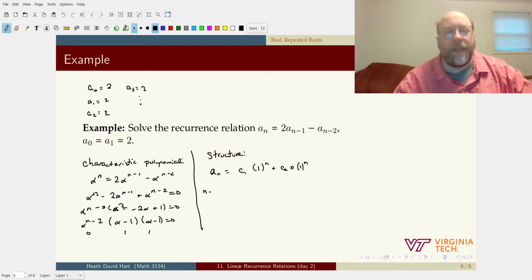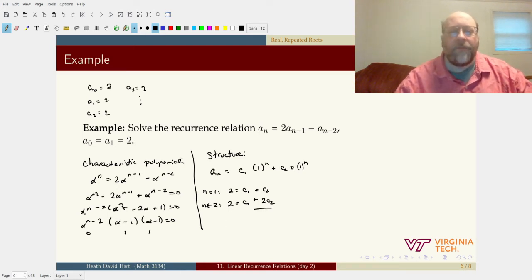If we try the n equals 1 case, then we get 2 is equal to c1 times 1 to the 1 plus c2 times 1 times 1 to the 1. And if we look at the n equals 2 case, we get 2 equals c1 times 1 squared plus 2c2 times 1 squared.